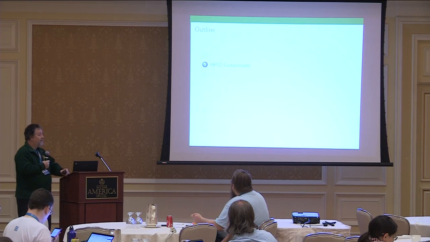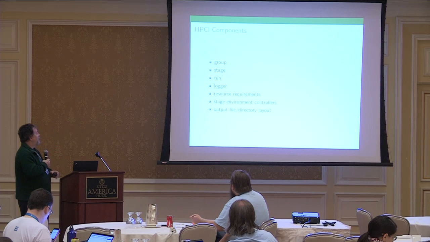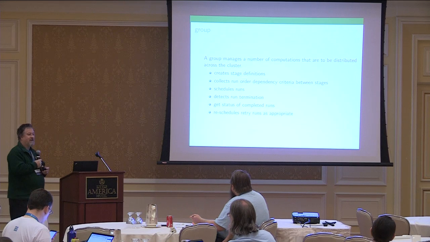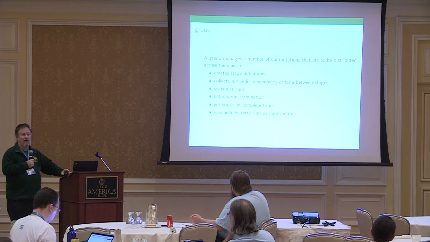So the general components of the abstract interface, I'm going to go through each of these in turn. The top level thing is a group. You create the group, telling it what kind of cluster it's running on.